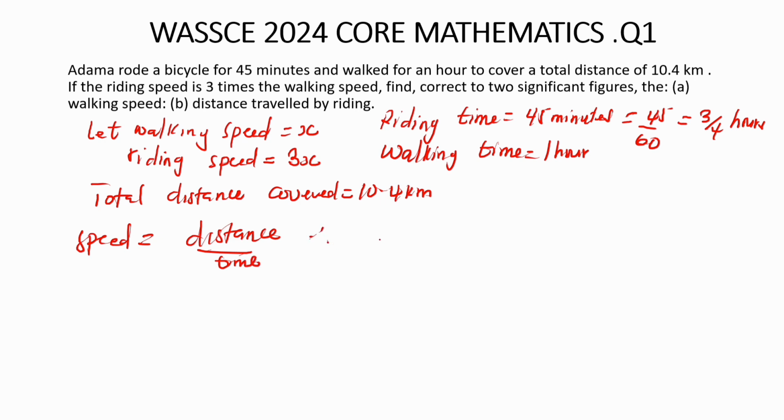Therefore, distance is going to be speed times time. So we are going to derive an equation in terms of x, in terms of distance, so that the addition of the distance covered by walking and the distance covered by riding is equal to the total distance covered, which is 10.4 kilometers.